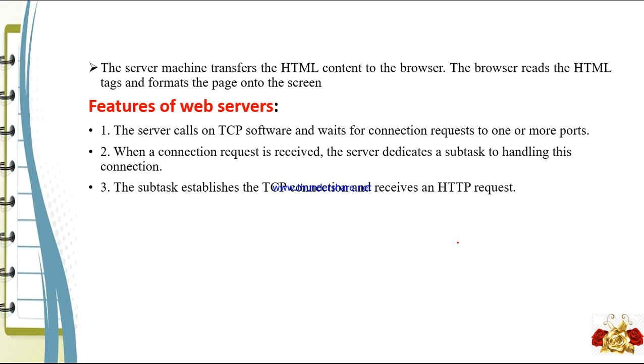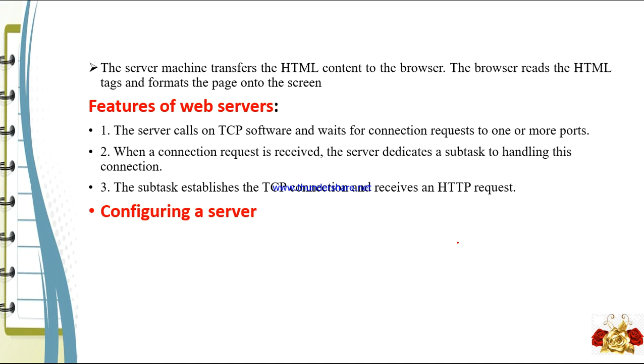The web server uses a subtask to handle this connection. The subtask establishes the TCP connection and receives an HTTP request. These are some of the features of a web server.